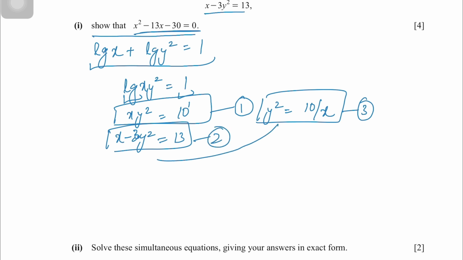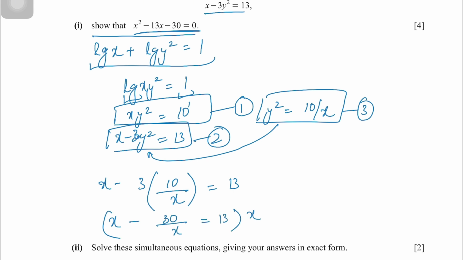So let's substitute this over here. So we have x minus 3 times 10 over x equals 13. This is x minus 30 over x equals 13. We can multiply the whole equation by x. So we get our answer as x squared minus 13x, this 13x would go over there, and then negative 30 equals 0.